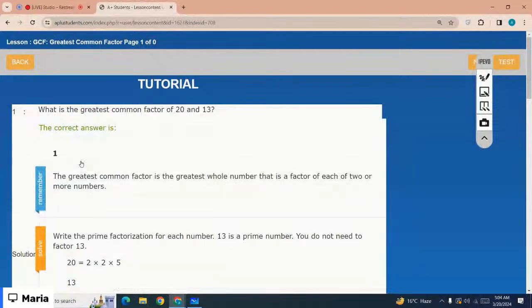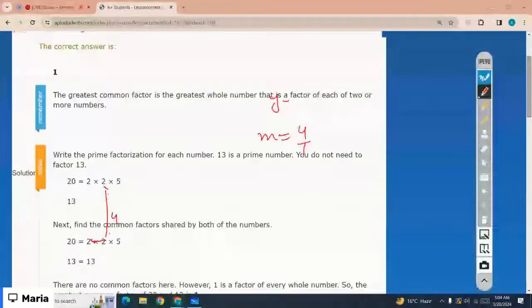So how do we find the greatest common factor? The greatest common factor is the greatest whole number that is a factor of each of two or more numbers. We are given two numbers, 20 and 13. You have to make the prime factors of 20 and 13.